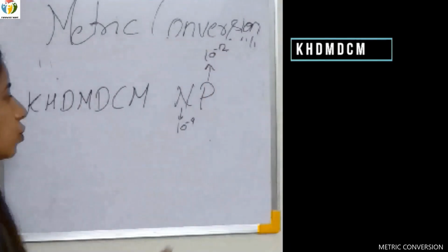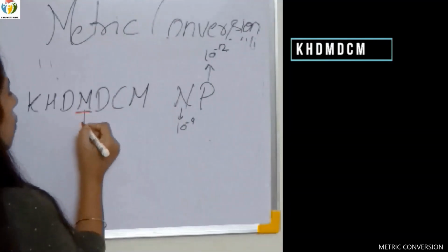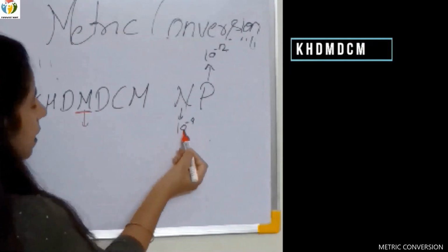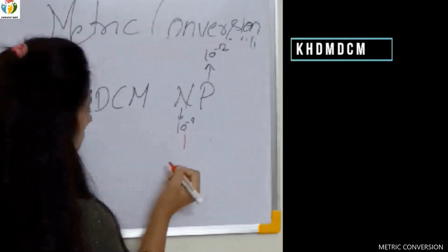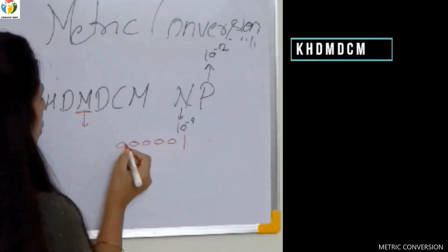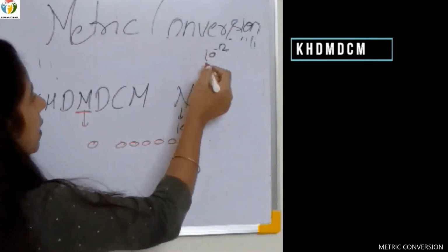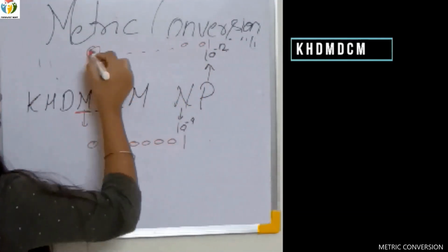What it actually means is, if this is your base unit, from the base unit there is a difference of 9 digits till this point. That is, if I am going to put 1 over here, there would be 9 0s in between to reach this base unit. Likewise for this, it has the 12 0s to reach the base unit.